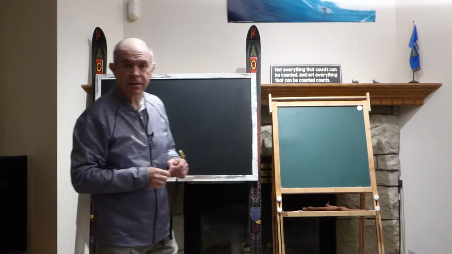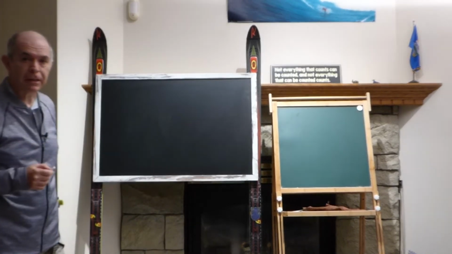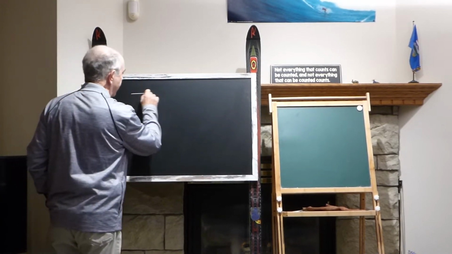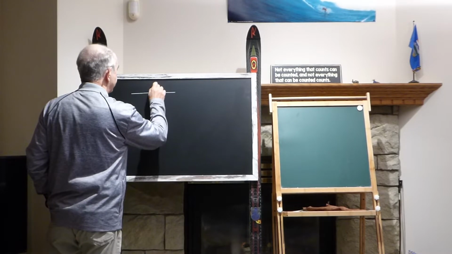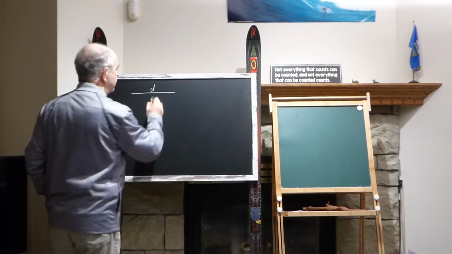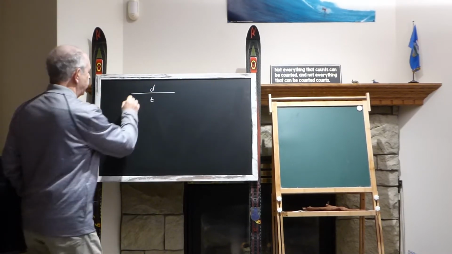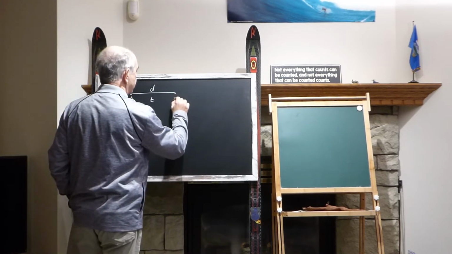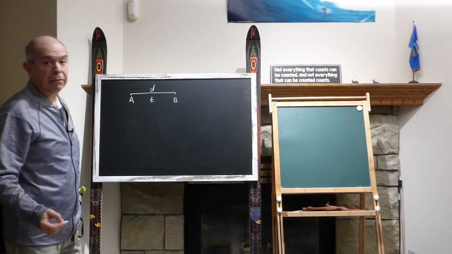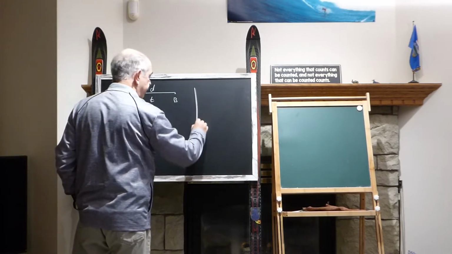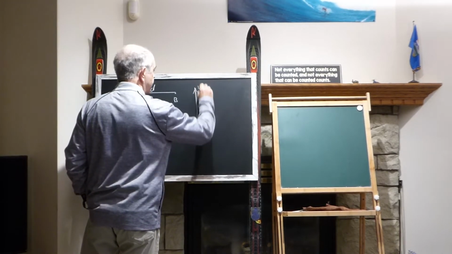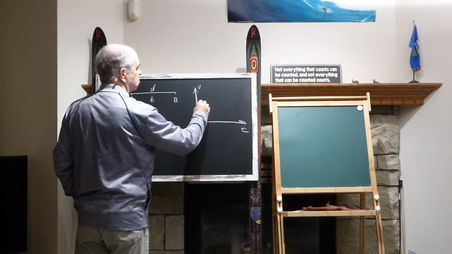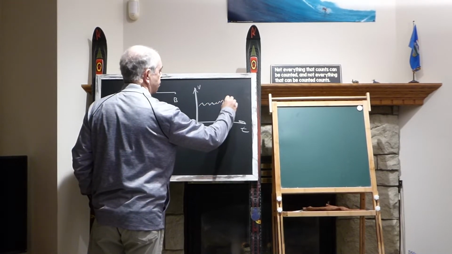Because in physics, the average speed is defined as follows. We have the distance d and the time the body travels from point A to point B. And if we are about to draw a graph of velocity over time, velocity changes.